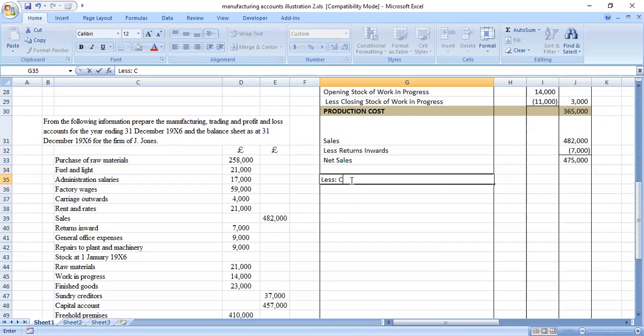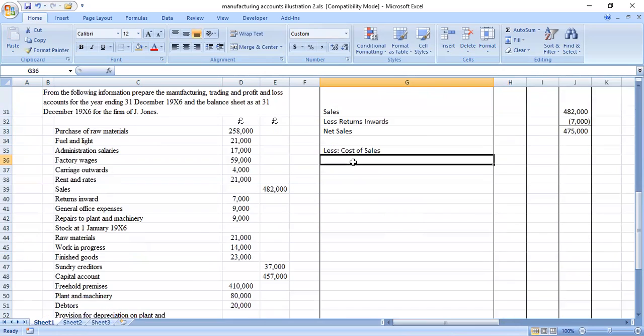Then we less cost of sales. The cost of sales is opening stock plus, in our case it's not purchases, it's opening stock plus production cost minus the closing stock of finished goods. Sawa sawa? So opening stock of finished goods.